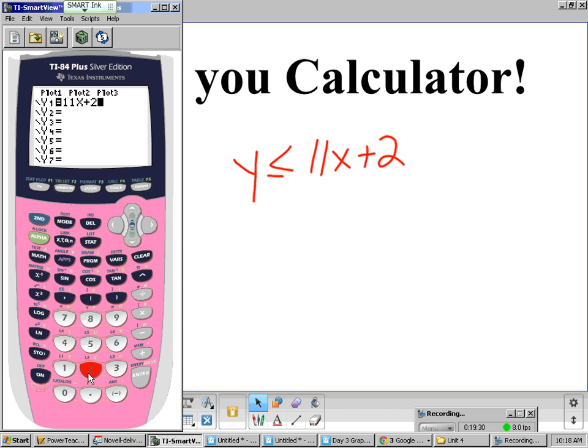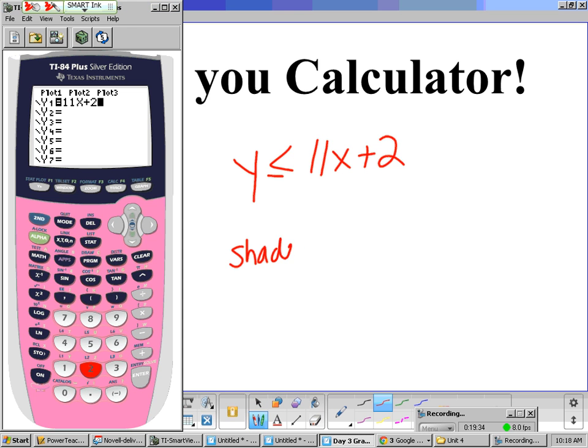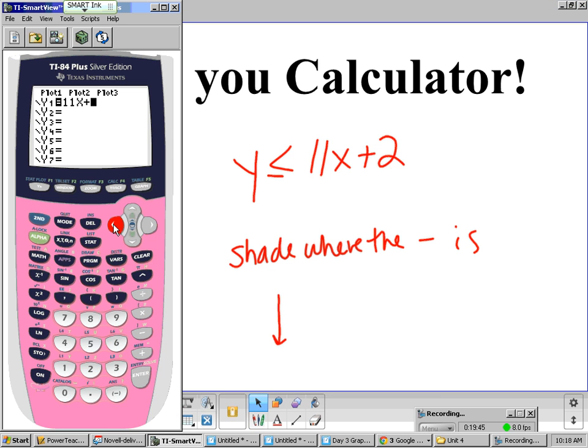Less than means I'm going to shade where the minus is. Okay, so that means I'm going to shade below. So I'm going to go over here to the left of y equals. Right now, it just has a line. If I press enter once, it's going to give me a thick line.